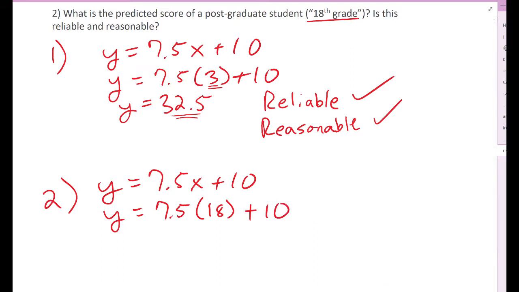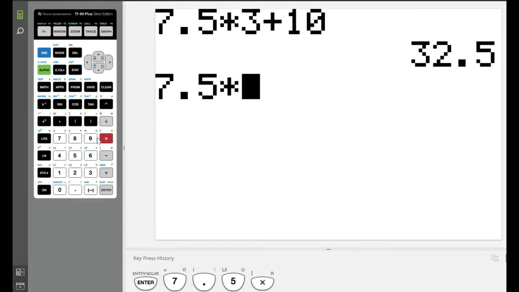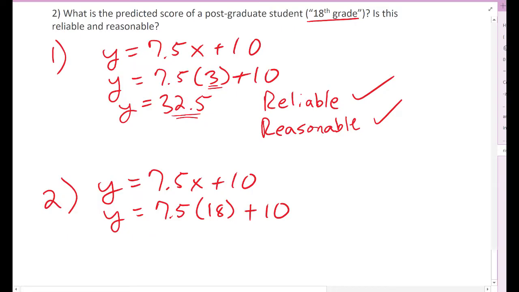So that's 7.5 times 18 plus 10, which gives us a score of 145.